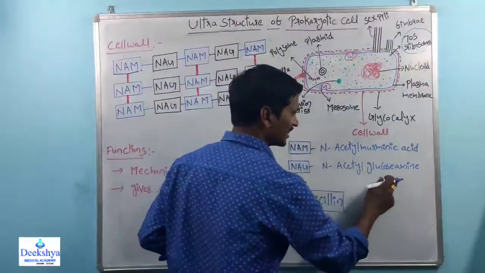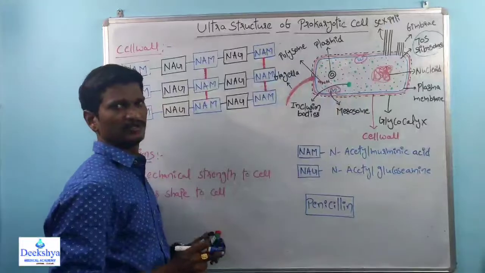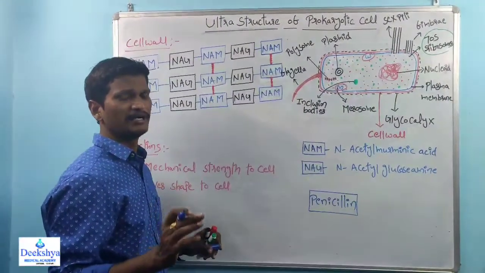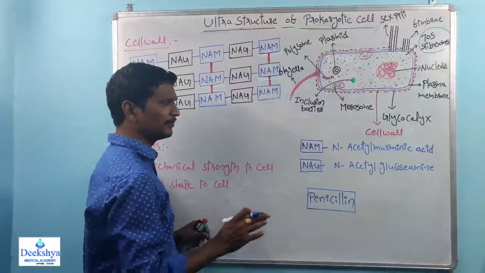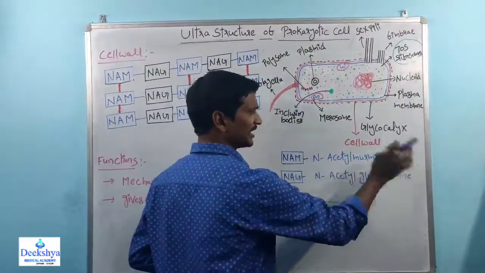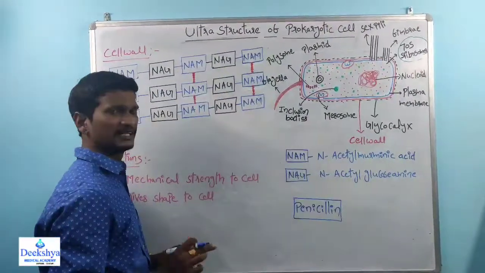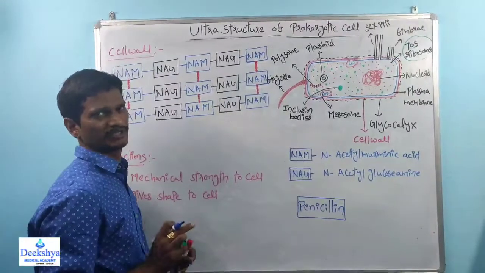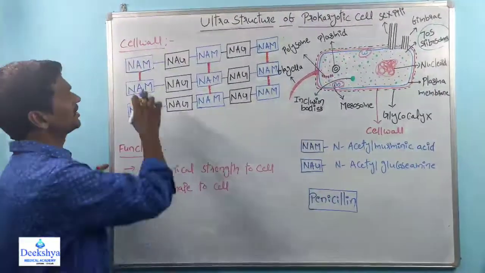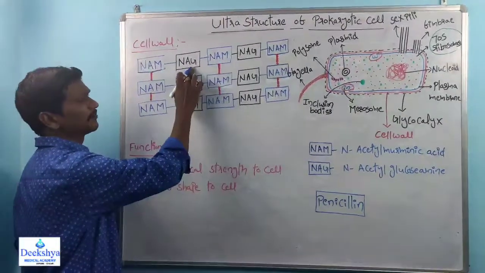NAG indicates N-acetyl glucosamine. In bacteria, the cell walls are made up of NAM and NAG residues.